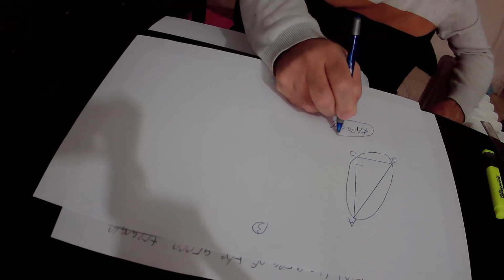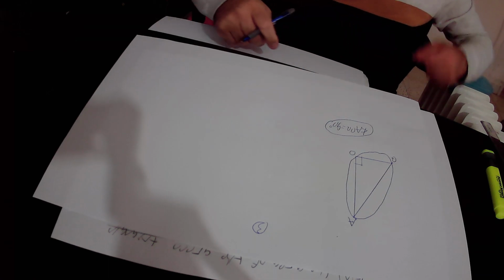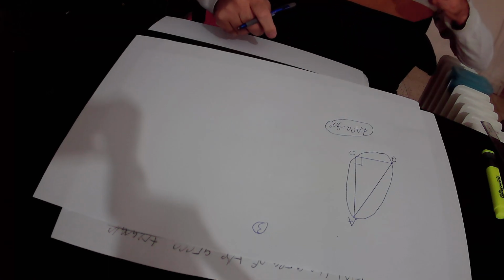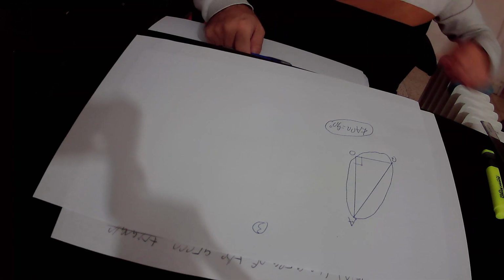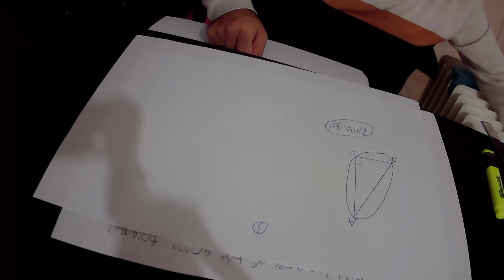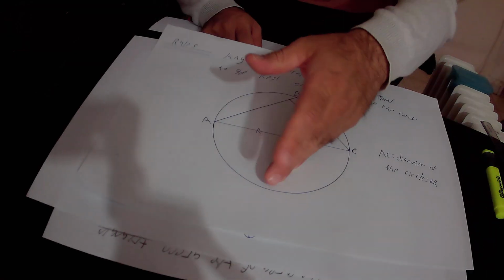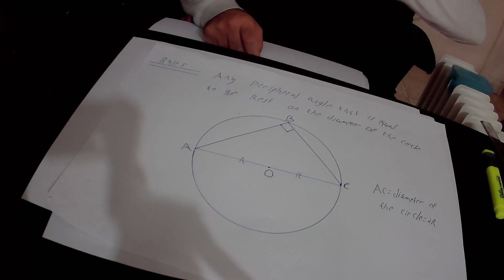And we have rule number 5 that says that any peripheral angle that is equal to 90 degrees must rest on the diameter of the circle. Let me repeat rule number 5 again. According to rule number 5, any peripheral angle that is equal to 90 degrees rests on the diameter of the circle.